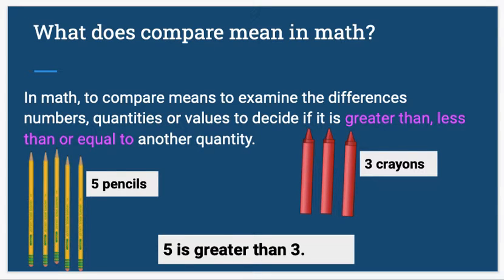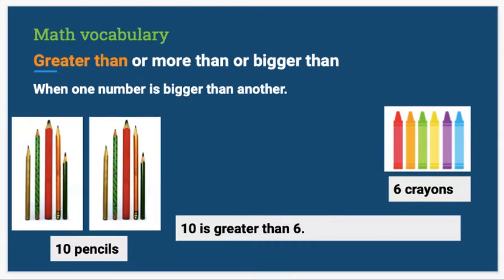Let's learn our math vocabulary words, which we are going to be using a lot during this lesson. Our first vocabulary word is greater than. Greater than means more than or bigger than, right? So when we are comparing two numbers, we can say one number is greater than or more than another.